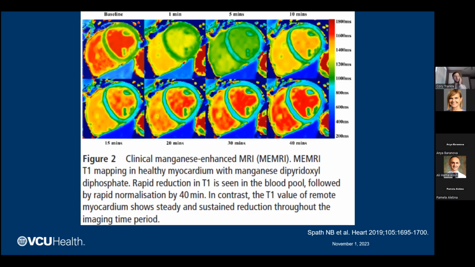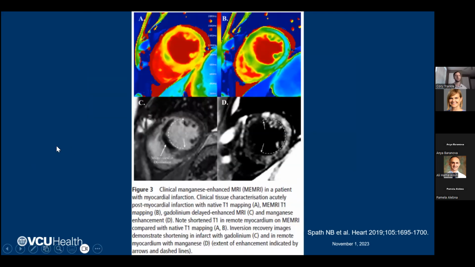The gadolinium-based contrast imaging agents wash out relatively quickly. So sometimes we find ourselves in the situation where we're running out of contrast, but this is staying out to 40 minutes, which is kind of nice.